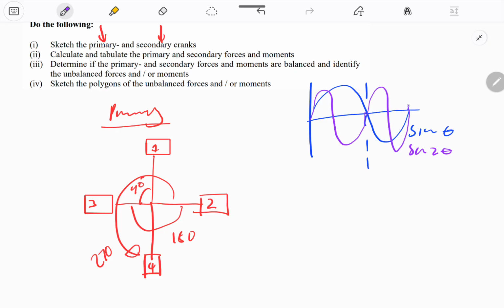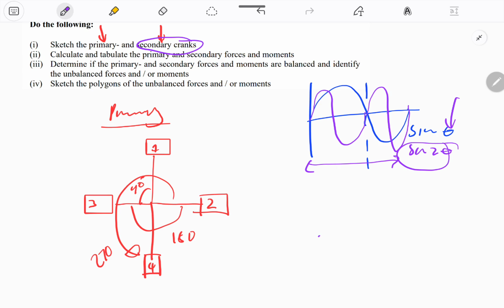That means in one revolution, sine 2 theta happens twice while sine theta happens once. So technically that's what secondary is. It's just happening twice in one revolution.